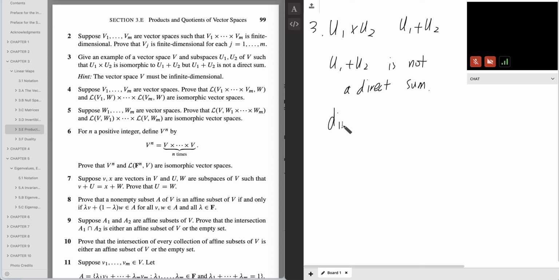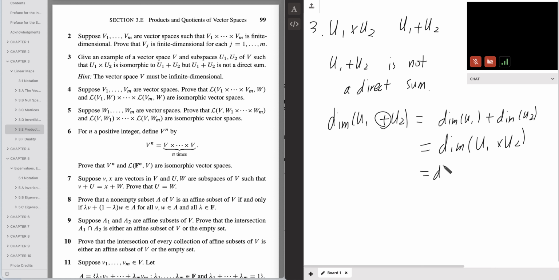So first things first, when U1 plus U2 is a direct sum, then the dimension of their direct sum is the dimension of U1 plus the dimension of U2, which is the same as the dimension of the product.